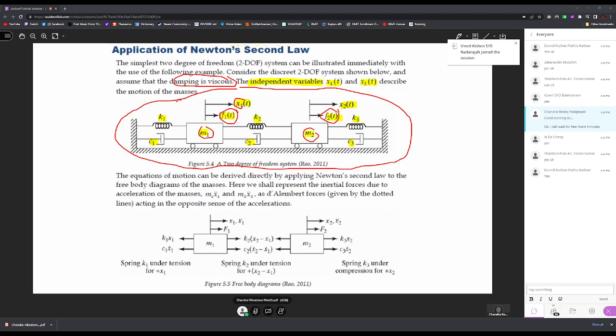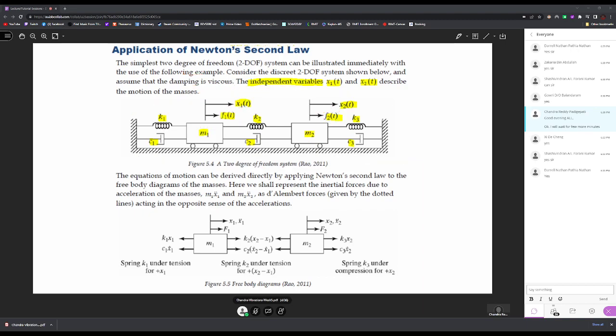Now for a system like this, we need to draw the free body diagram to derive the equations of motion. The free body diagrams for both the masses are shown here, one for mass 1 and one for mass 2.